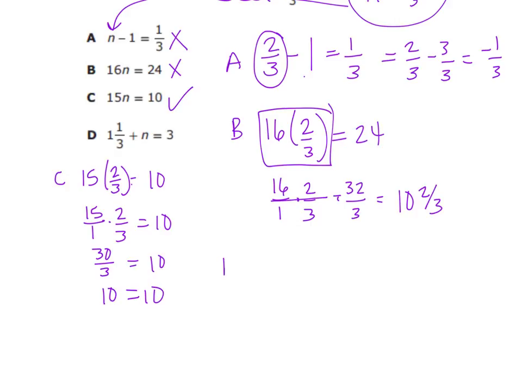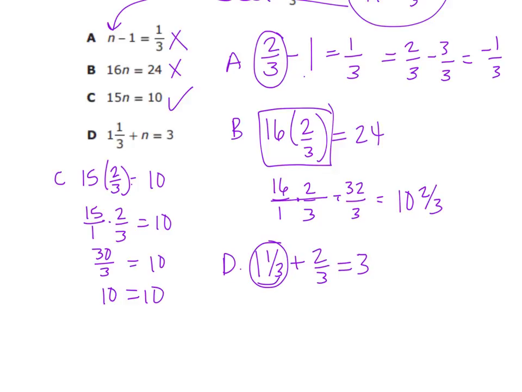You know we make mistakes. 1 1/3 plus 2/3 equals 3. So we need to convert this one into an improper fraction.